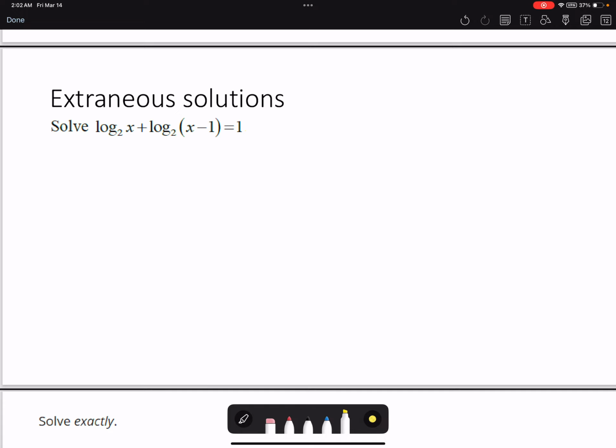So right here, this plus means that we can write this as a single log. So we're going to say log base 2 of x times x minus 1. That would be x squared minus x.